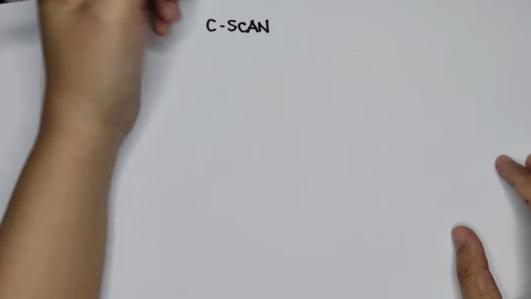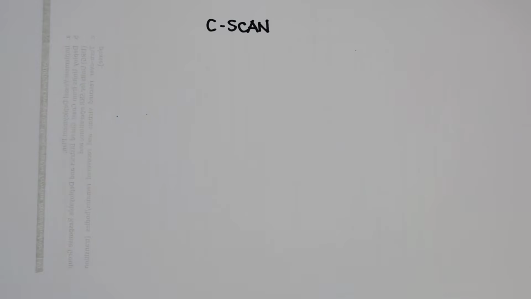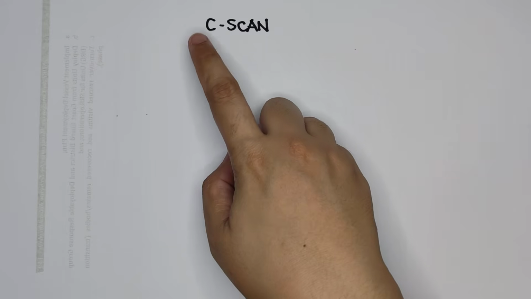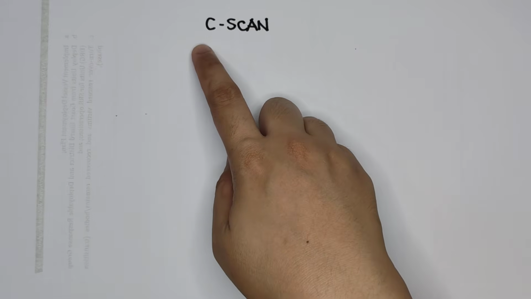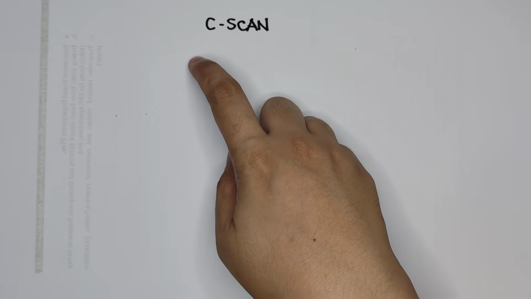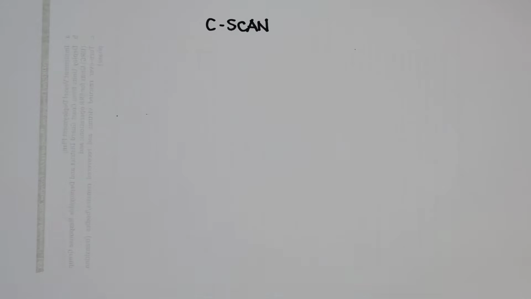It is very similar to SCAN, but the only difference is that you'll see in the example why it is called the circular scan. It's also an elevator algorithm, but this C, the circular part, makes it very different from SCAN.